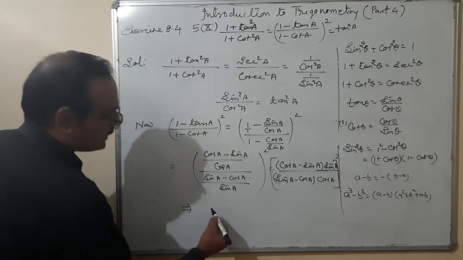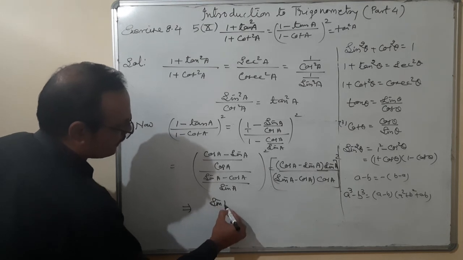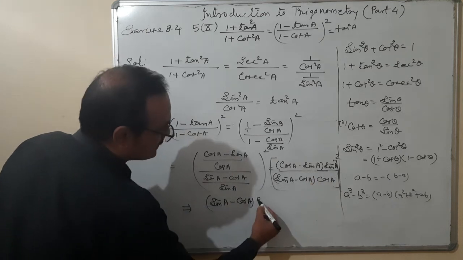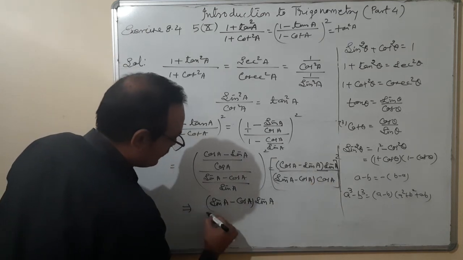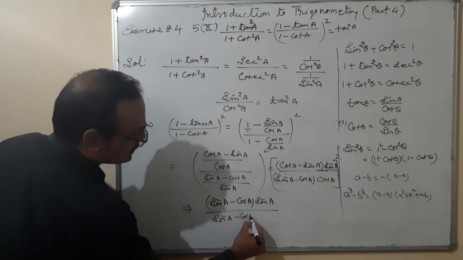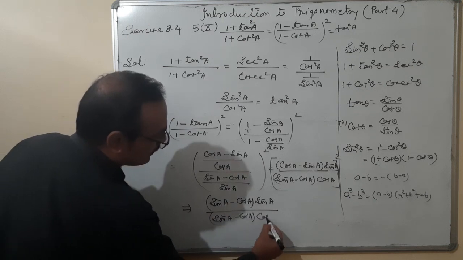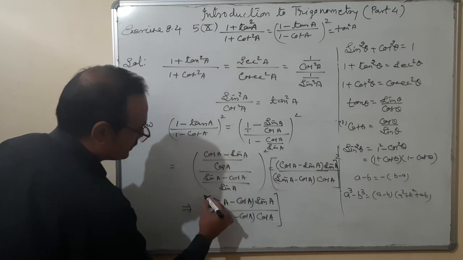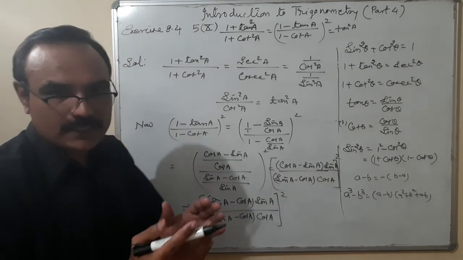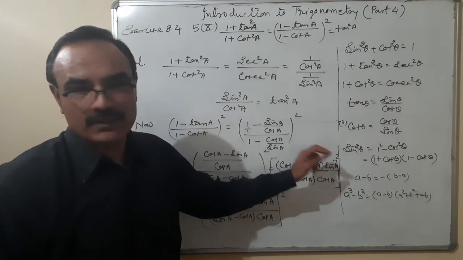So I am writing here sine A minus cos A multiplied by sine A upon sine A minus cos A multiplied by cos A with whole square. Because here I have taken minus common, minus 1 with whole square, so it is plus.